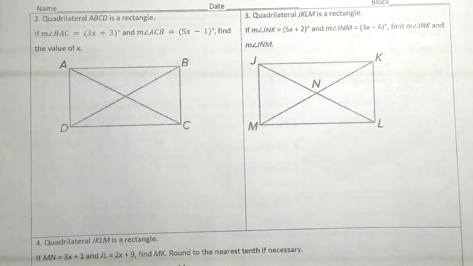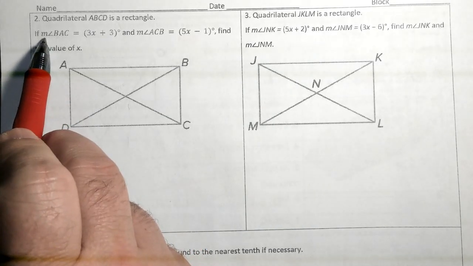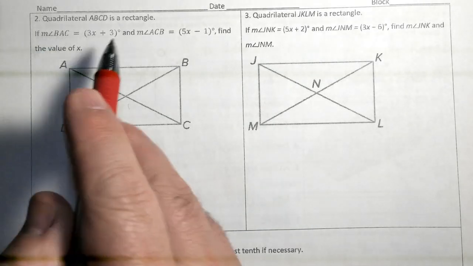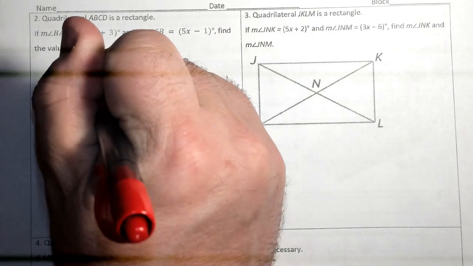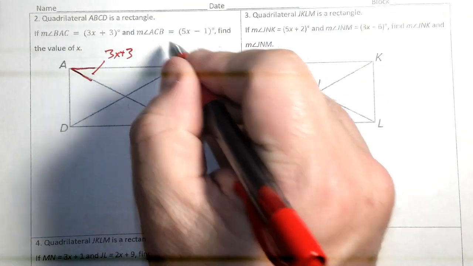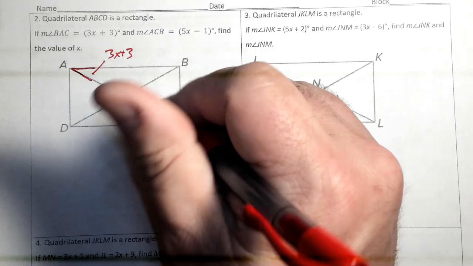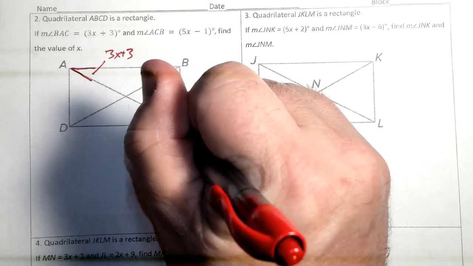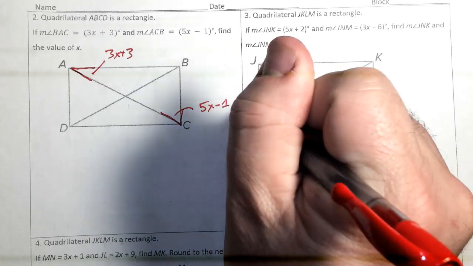Quadrilateral ABCD is a rectangle. If the measure of angle BAC, that's this guy, is 3x plus 3, and ACB, down here, this guy is 5x minus 1.